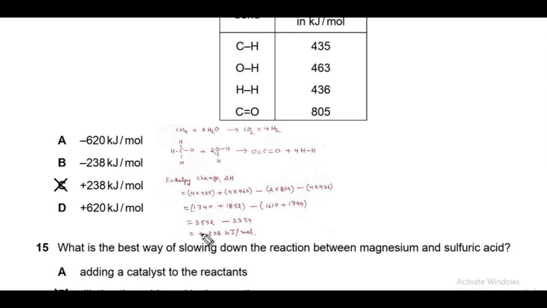If you calculate, you get plus 238 kilojoules per mole. So C is the right answer.